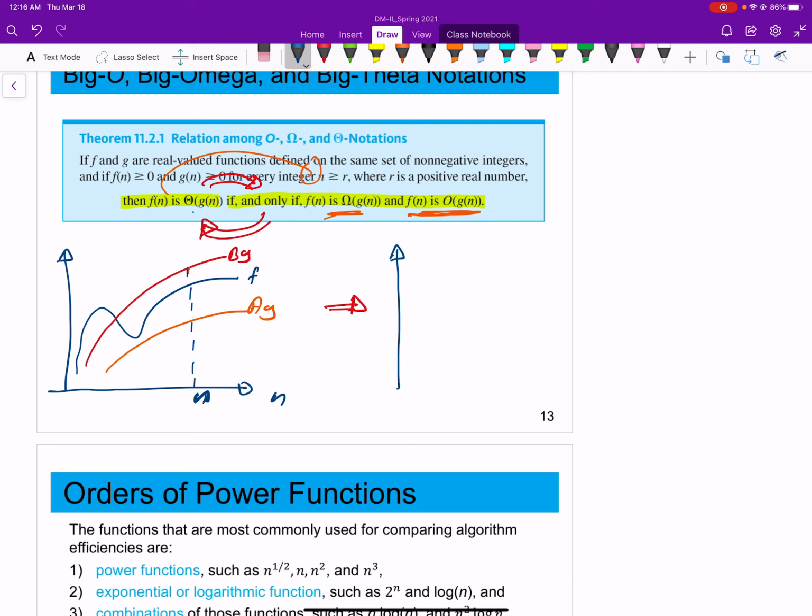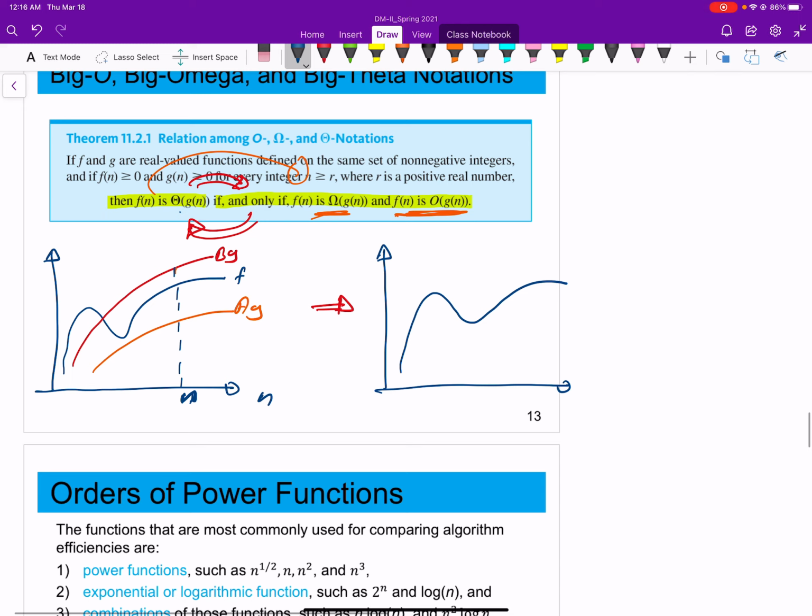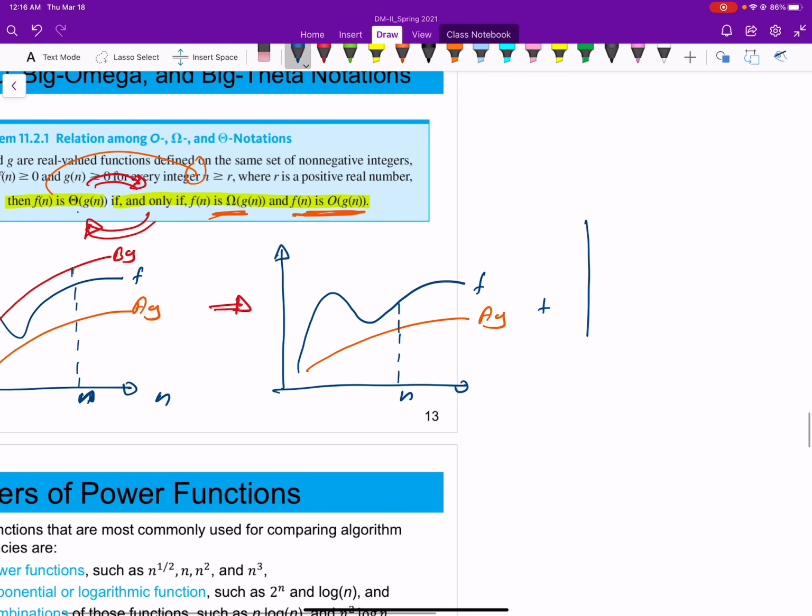The first case is the bounded below case, plus the bounded above case.